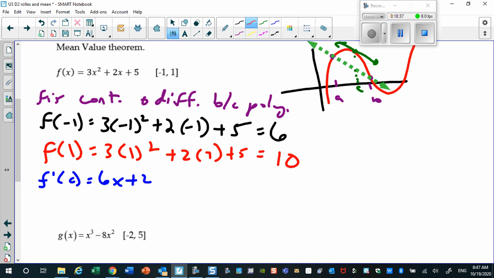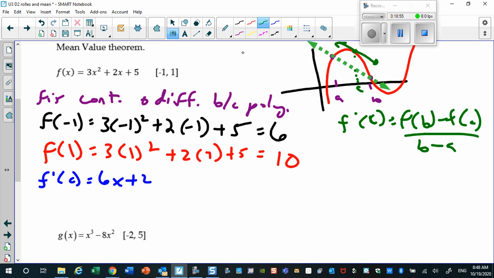The reason that I did that is because the formula says f prime of c equals f of b minus f of a over b minus a. F prime of c is 6c plus 2.